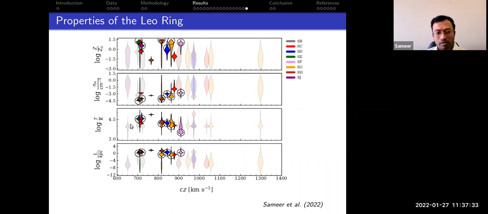Temperature is consistent with photoionized gas, between 10 to the 3.5 to 4.5, and line of sight thickness between 1 to 10 kiloparsecs. So if one were to take an average of all these values and estimate the mass of the H1 ring, it turns out to be 3 billion solar masses, and that is consistent with what is derived from 21 centimeter emission maps.